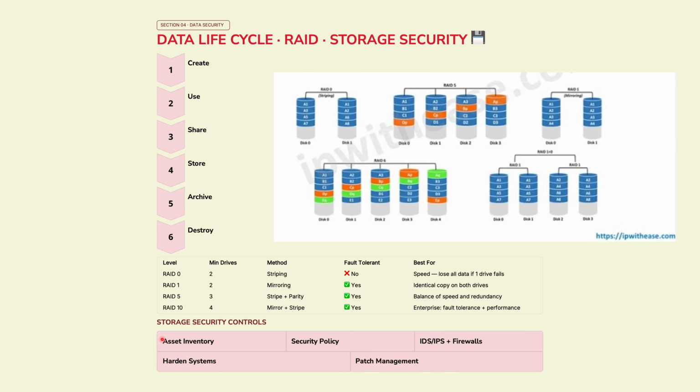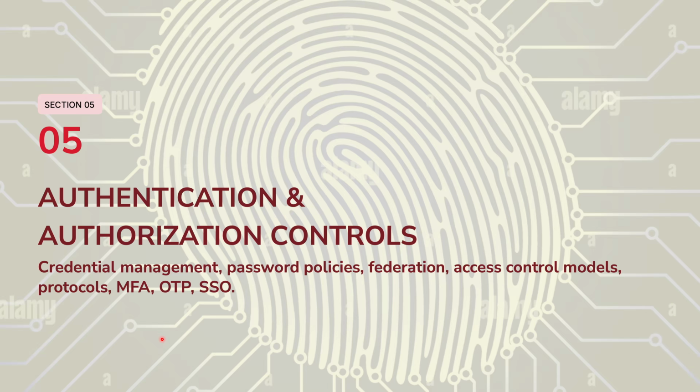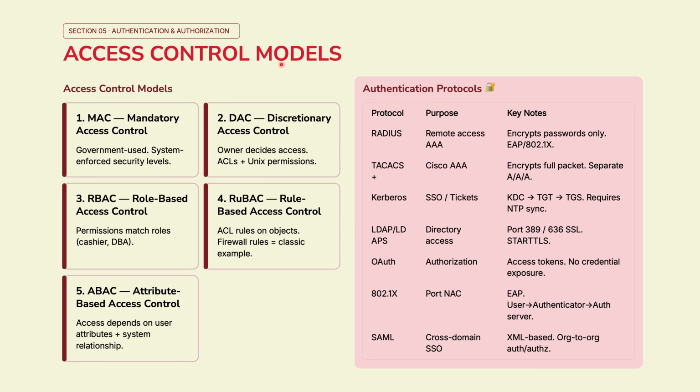Section 5, authentication and authorization controls. The final section is called authentication and authorization. It covers several topics. We're going to discuss them in the next slides here. Let's examine the first one, the access control models, starting with mandatory access control.